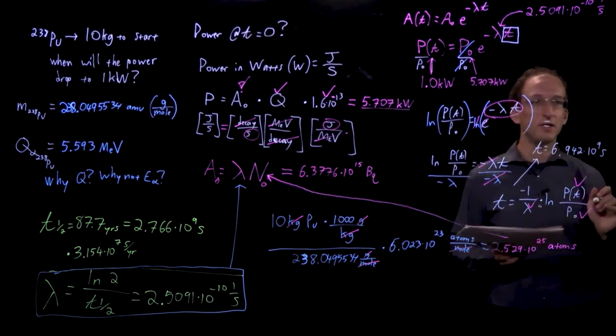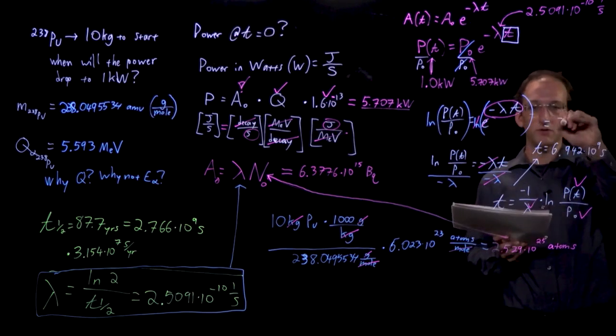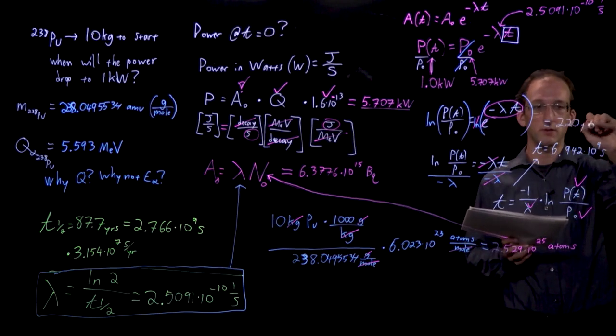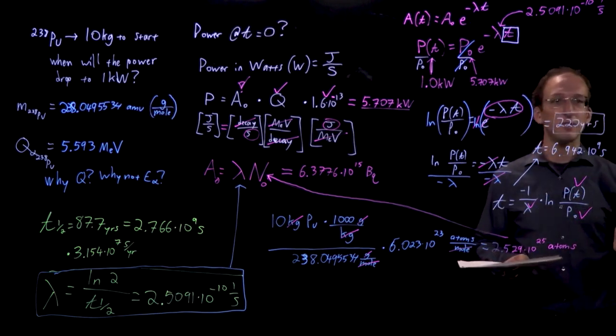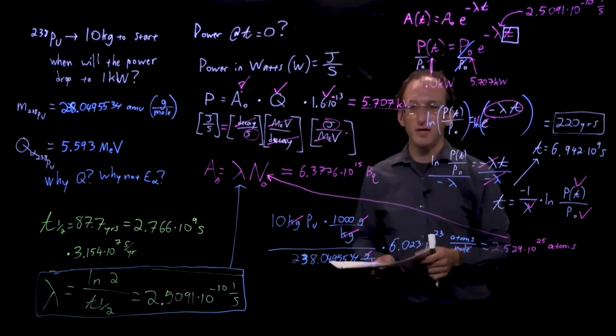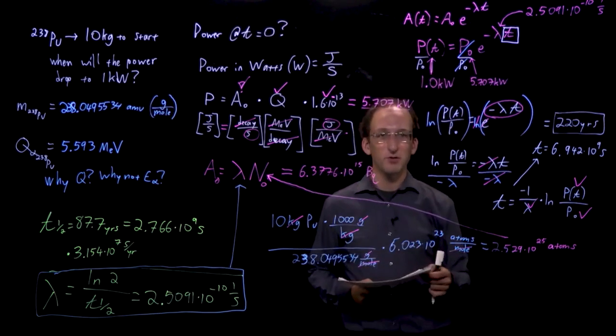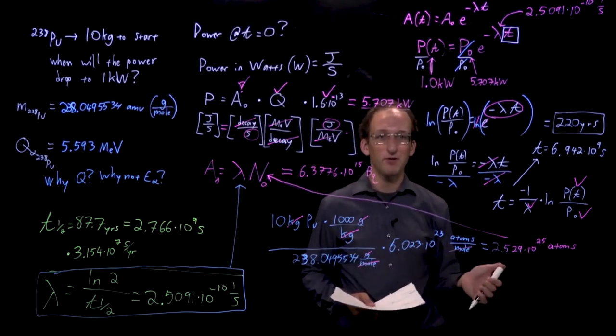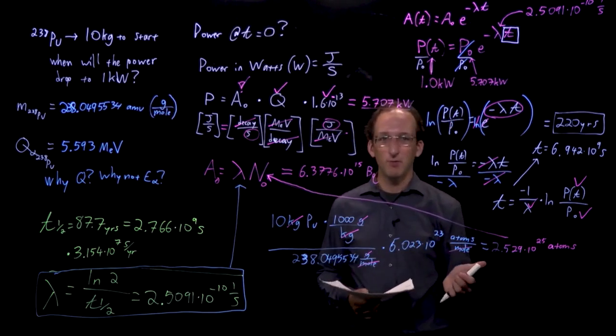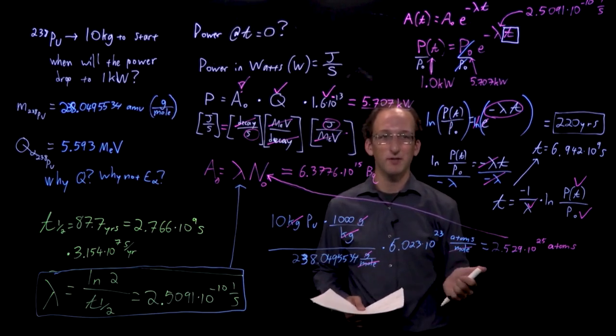If we convert to years, we end up getting 220 years. That's a pretty decent deep space mission. So in this case, this space mission would last for about 220 years, which might be enough time to get awfully far out into the solar system and keep reporting a whole bunch of interesting astronomical data.